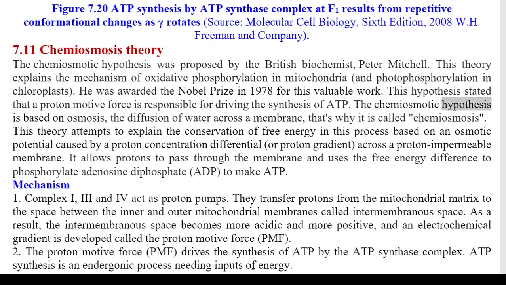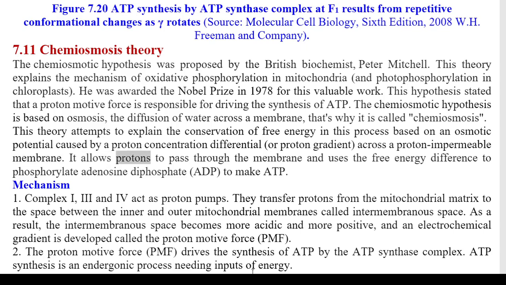The chemiosmotic hypothesis is based on osmosis, the diffusion of water across a membrane, that's why it is called chemiosmosis. This theory attempts to explain the conservation of free energy in this process based on an osmotic potential caused by a proton concentration differential, or proton gradient, across a proton-impermeable membrane.